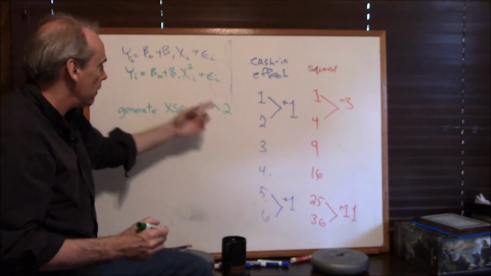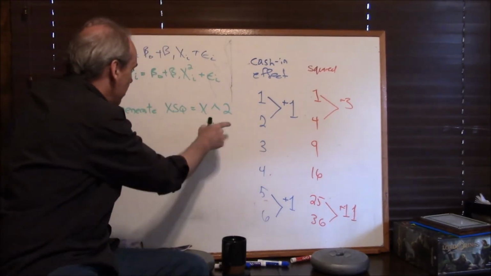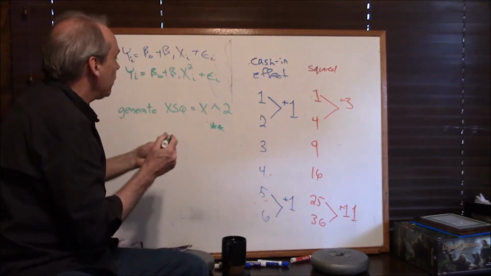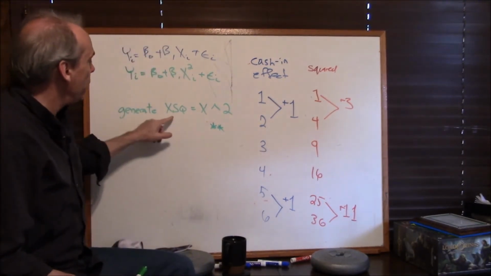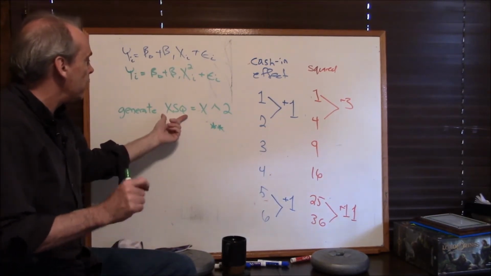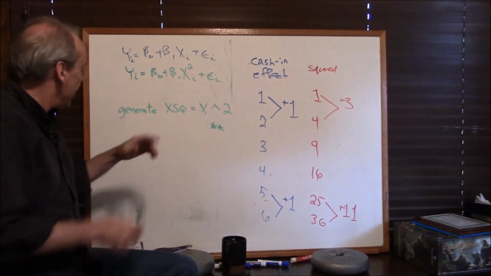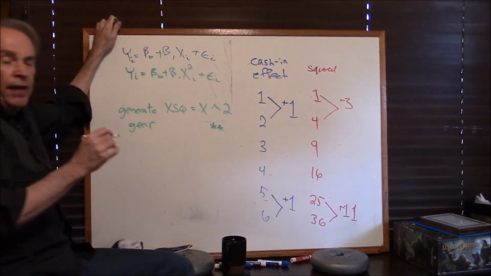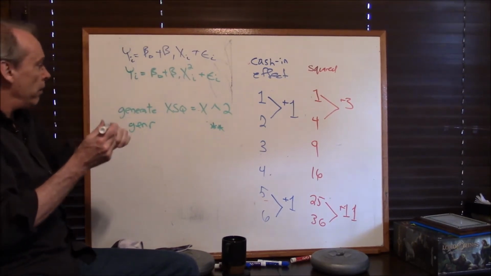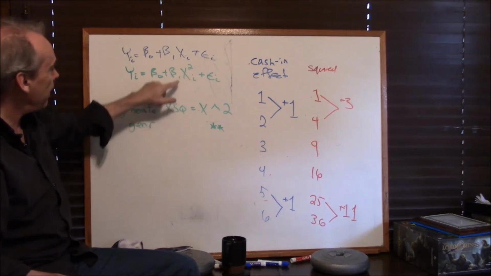In some programs it's a little hat like that. In some of them it's 2 asterisks to raise it to a power. But what this would do is, if you named the original variable x, it would go through and create a new variable called xsq that is really the original variable squared. And I think, I have to look back, I think you only have to type GENR actually, rather than generate. But anyway, that's what you can do to your data, and then run the regression with xsq instead of x.